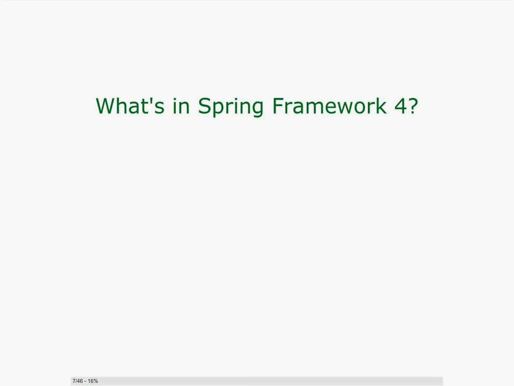With that in mind, we can now turn to Spring Framework 4 and take a look at the feature set that's available. First of all, we provide transparent WebSocket emulation based on the SockJS protocol.